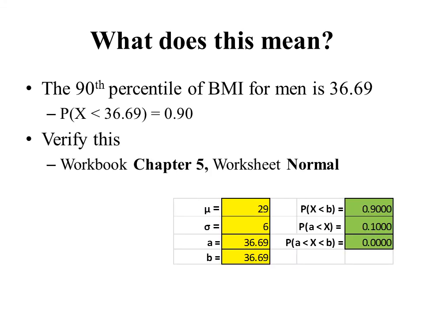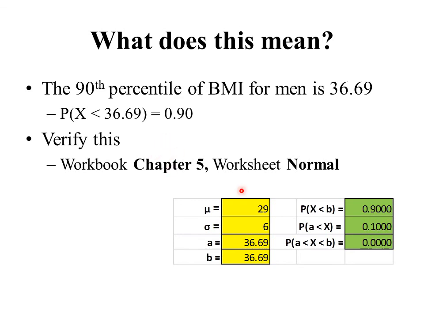Now, to verify that this probability really is true, if we go back to that worksheet normal, let's calculate this probability here and just verify that it does equal 0.9. So here's our mean, our standard deviation. We have only one number inside the parentheses, so we enter that number here for A and B.